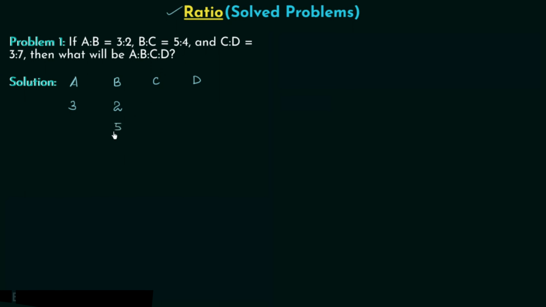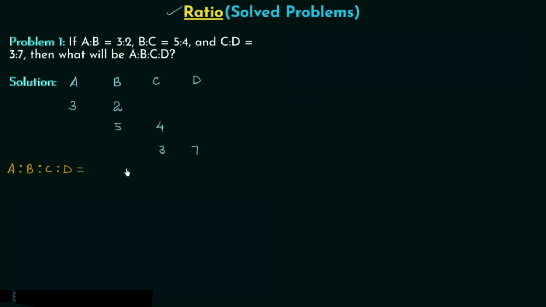From the third one, we have 3 as C and 7 as D. So below C we will write 3 and below D we will write 7. Now we are all set and we can have A:B:C:D very easily.